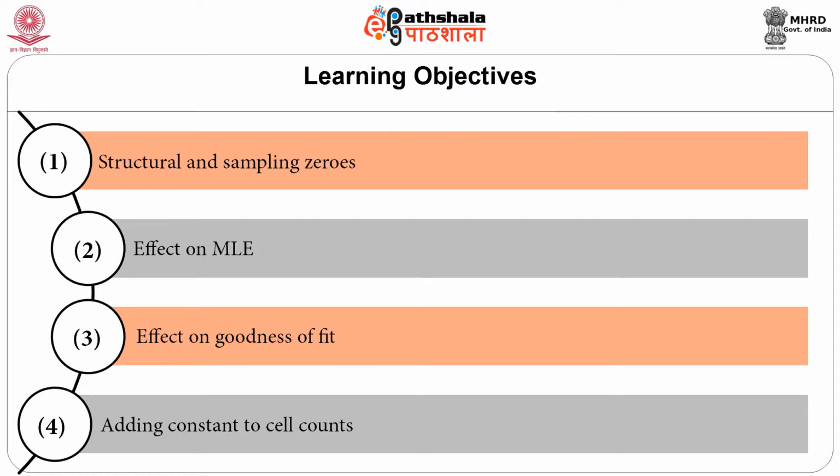Next, we will look at the consequences of sampling zeros on ML estimation. After this, we shall look at the consequences on various measures of goodness of fit. Finally, we shall look at the technique, which is ad hoc but popular, of getting around the problem by adding a constant to the various zero cell counts.